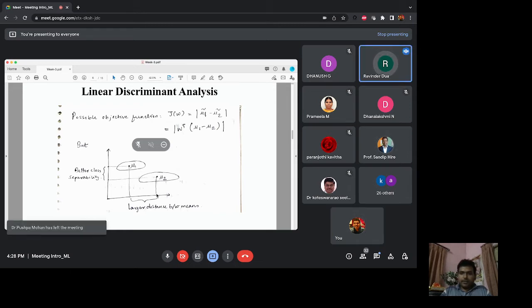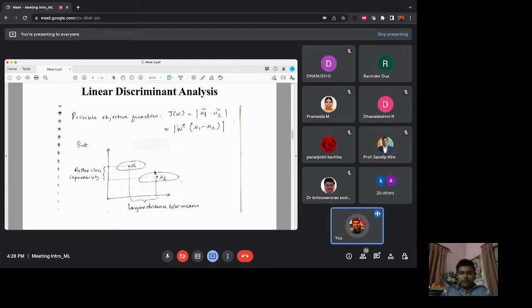Yes, very much. We can see that the right portion of mu1 is falling on the left portion of mu2. However, if we are projecting them onto the y axis, then that does not happen. That is also clear. Correct.